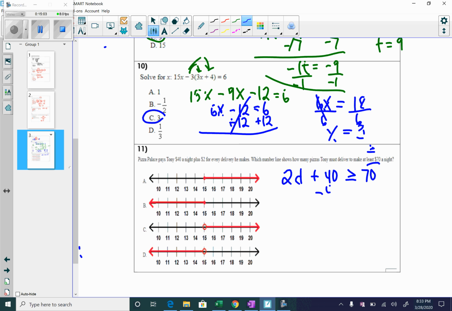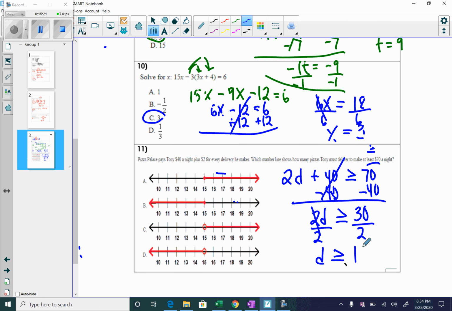So I'm going to solve this inequality by subtracting 40 from both sides. I have 2D is greater than or equal to 30. Divide by 2. I have D is greater than or equal to 15, which means that Tony has to make 15 or more deliveries. 15 is included.